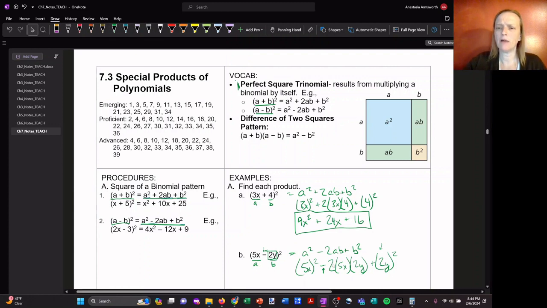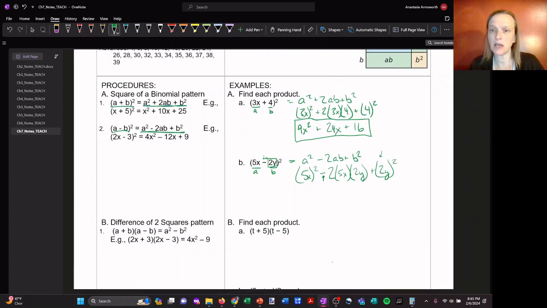All right, let's simplify. So 5x squared is 25x squared. 2 times 2 is 4, times another 5 is 20. So it's minus 20xy. And then we square the quantity 2y squared. 2 squared is 4. y squared is y squared.